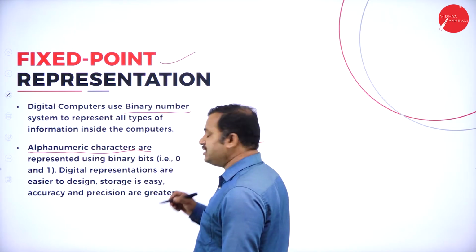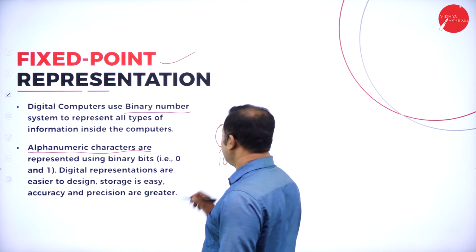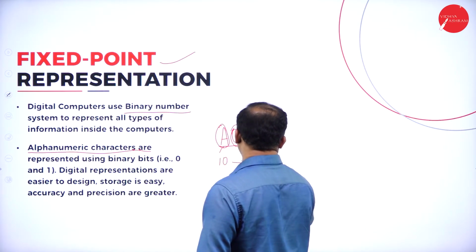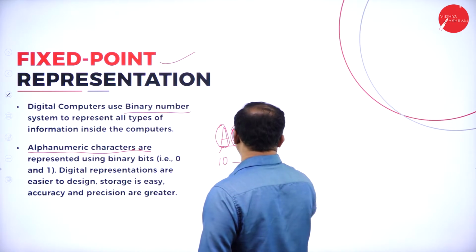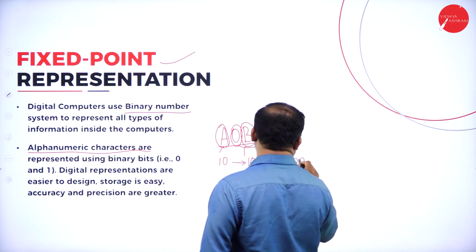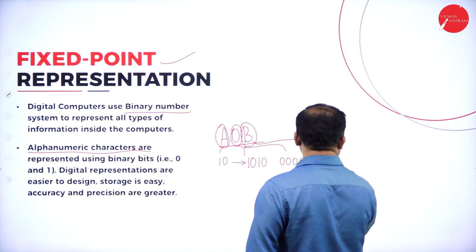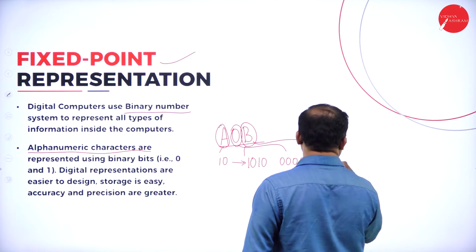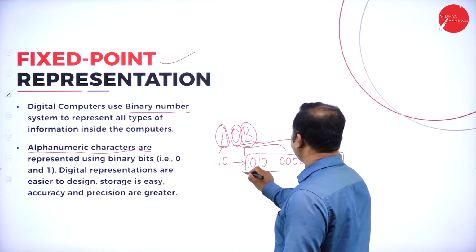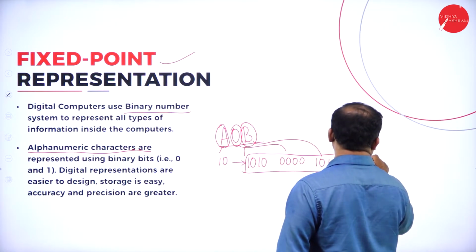Let me consider that the value of A is equal to 10 in hexadecimal value. This has to be converted into 1010 format, and 0 is represented in the form of 0000 format, and B is represented as 11, so 1011. So totally we will represent it in the form of this, that is A0B. A0B is equal to this format.